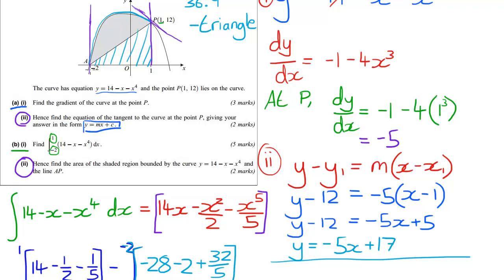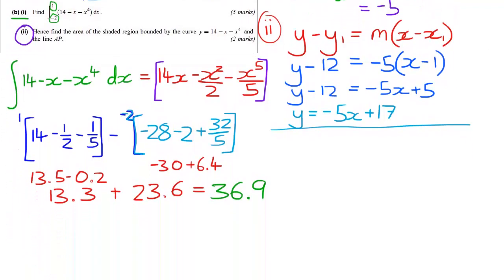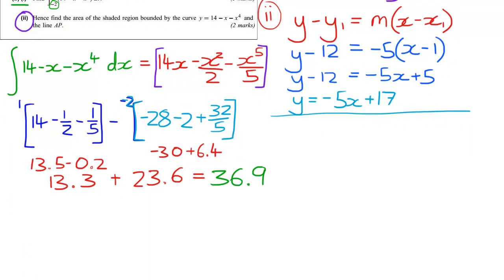So minus 2 to 1, that's going to be a base of 3, and then from 1 up to 12, so we're going to have 3 times 12 times a half. Let's do that down here because I have more space.